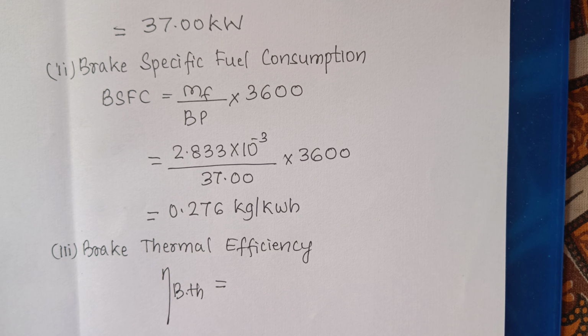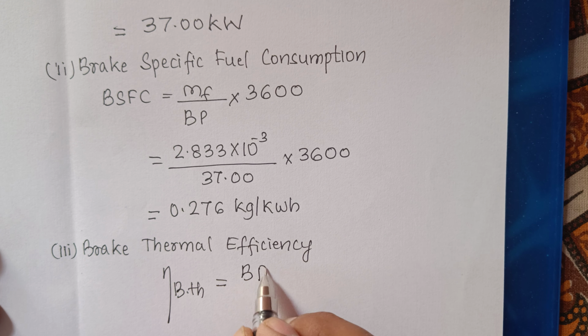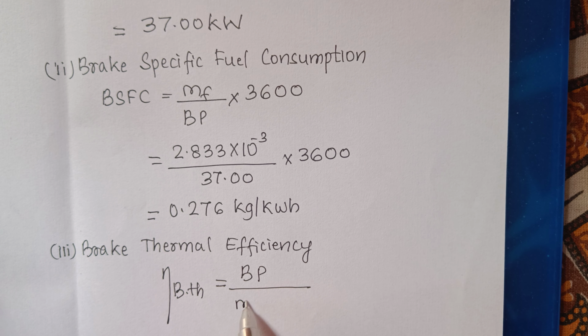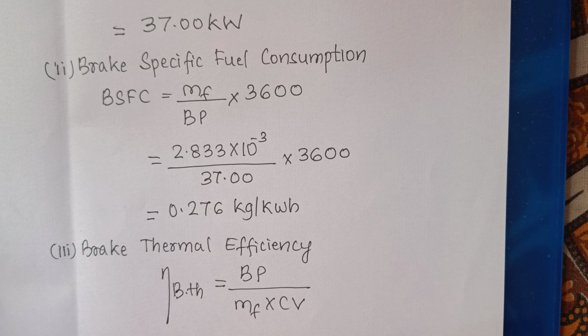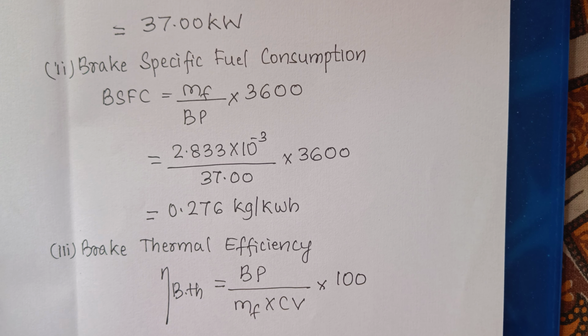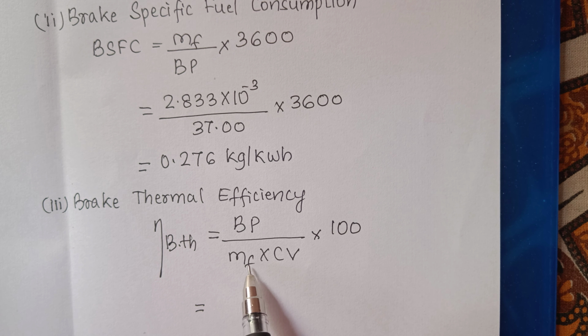BTH indicates brake thermal. The thermal efficiency based on brake power is BP divided by MF into CV, and then calculate the value. Multiply this by 100 to get it in terms of percentage, and already I have converted the value of MF into kg per second. So no need of multiplying it by 3600.